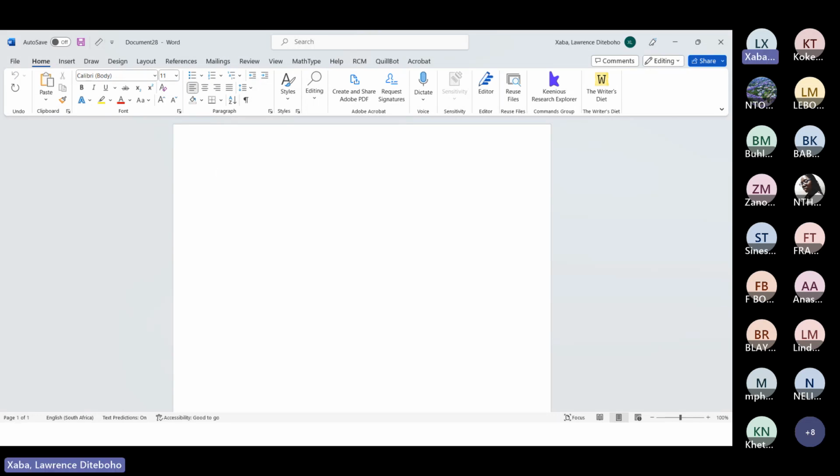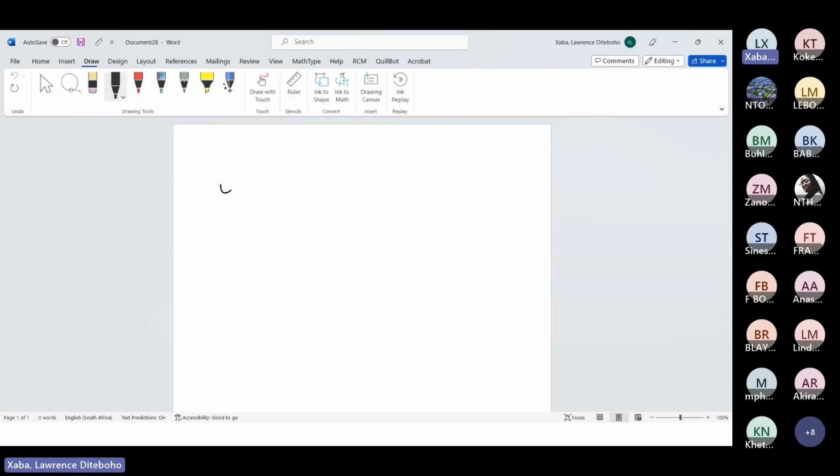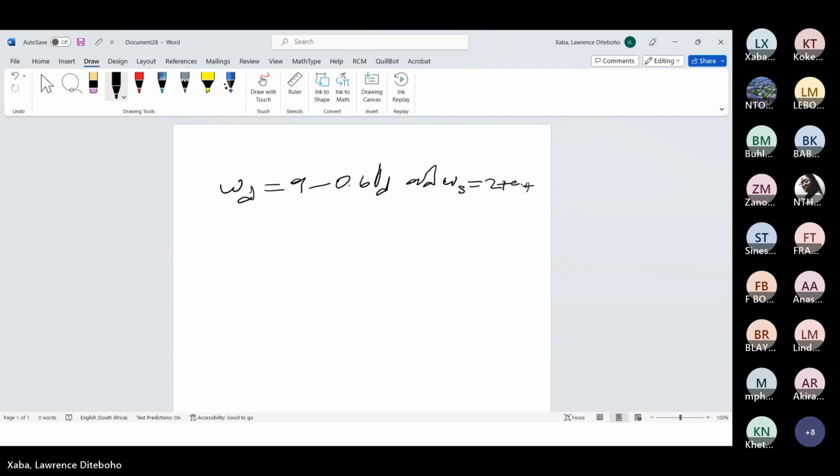When it comes to calculating, we are given a labor market with a demand function, W subscript D equals 9 minus 0.6 L subscript D, and the second equation is W subscript S equals 2 plus 0.4 L subscript S.